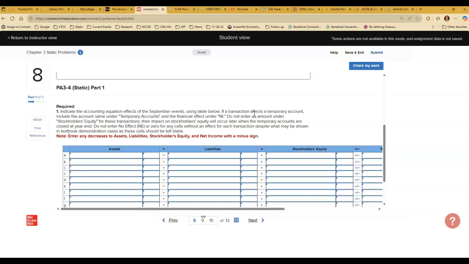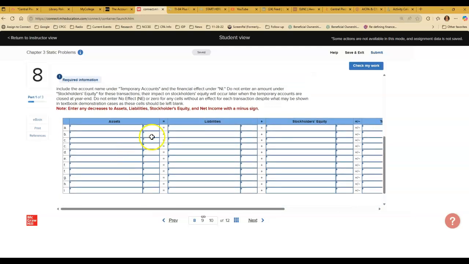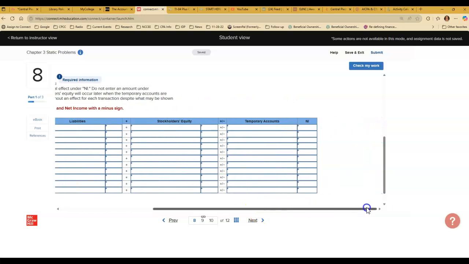In this kind of format, where you've got this table, just realize that here, it's like if the asset is going up, right, we would choose the asset. And then over here, if it's going up, we put it in as a positive number. If it's going down, we put it in as a negative. Okay, and that's the format in which that occurs.